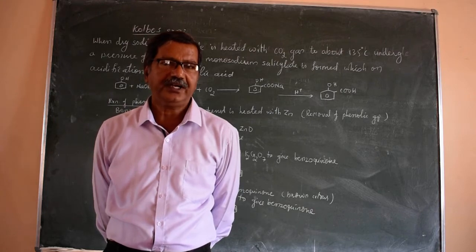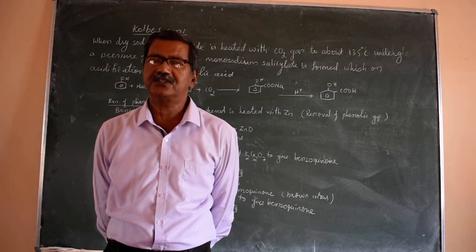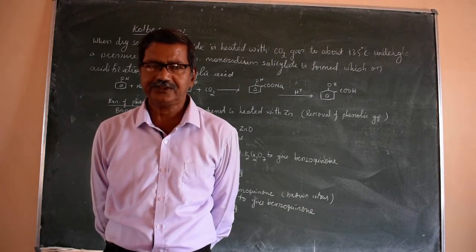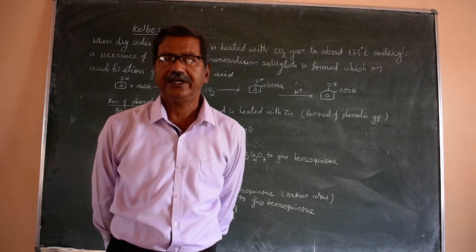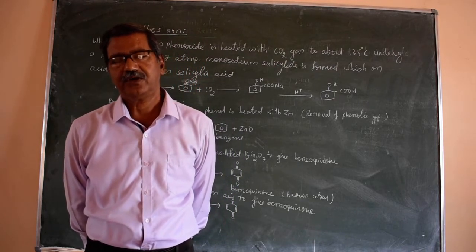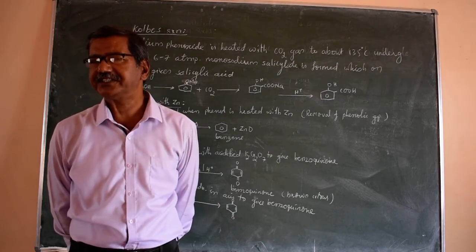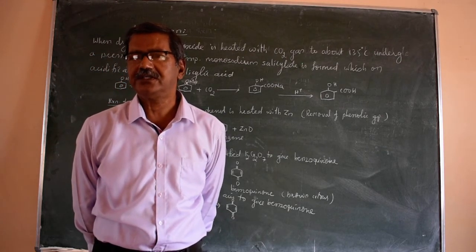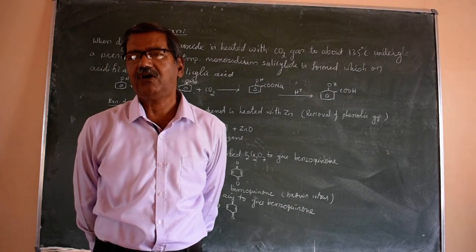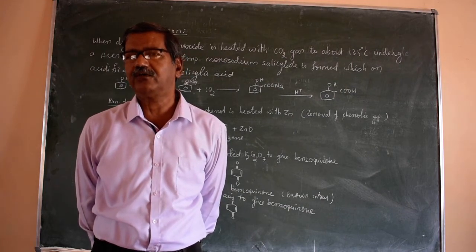If you are using nitric acid, here also it depends on the conditions. If dilute HNO3 at normal temperature, the products are ortho and para. If it is concentrated HNO3, the product is picric acid or 2,4,6-trinitrophenol.